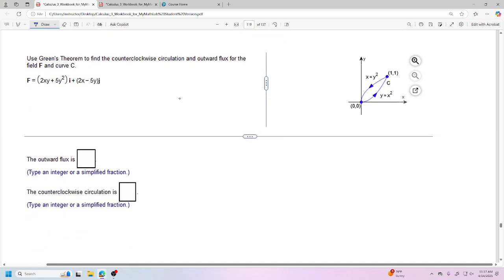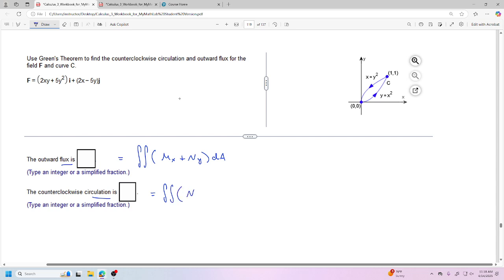Okay, so I need to use flux and circulation. There are 2 different formulas. You're going to remind me, for flux, double integral of what? Wouldn't that be M x plus N y? Okay. And so then this guy would be?